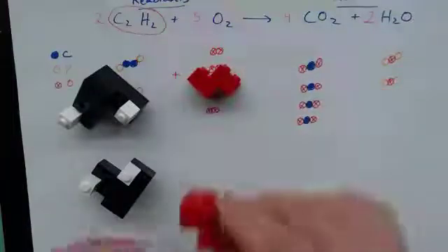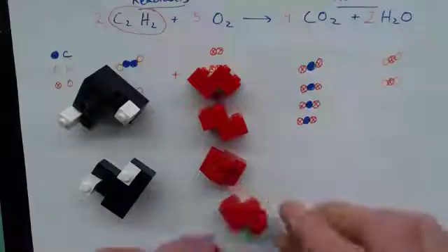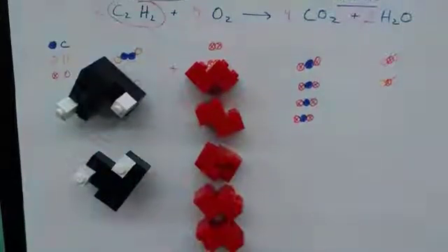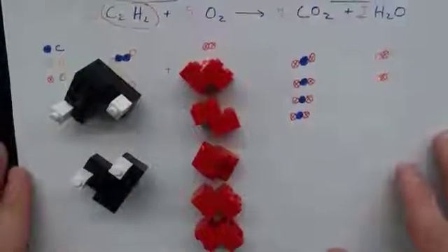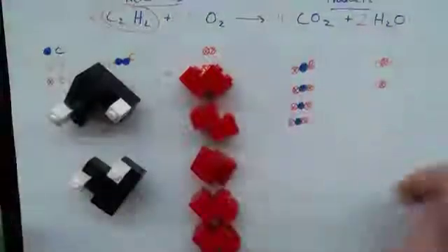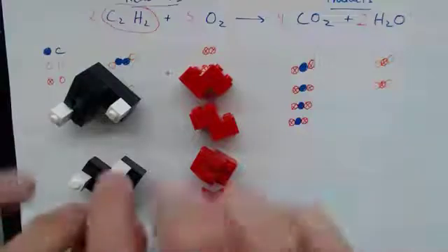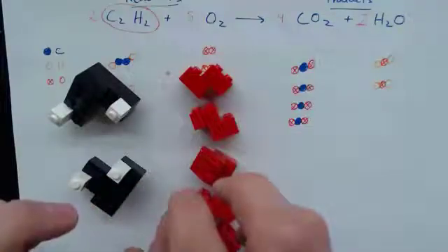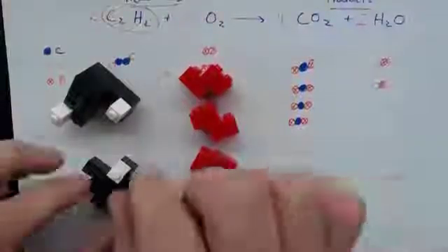Each square is a pair. There's 5. Now, they haven't reacted yet. When the reaction starts, these pieces start to break apart, and they rearrange and join again. So here we go.